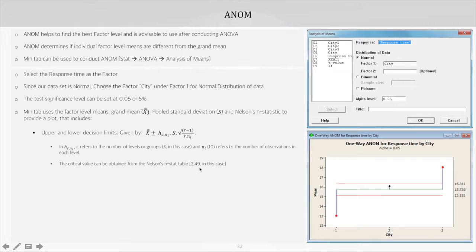Based on that, if we have to calculate the upper decision limit, it would be the grand mean, which we have seen in the previous slides.